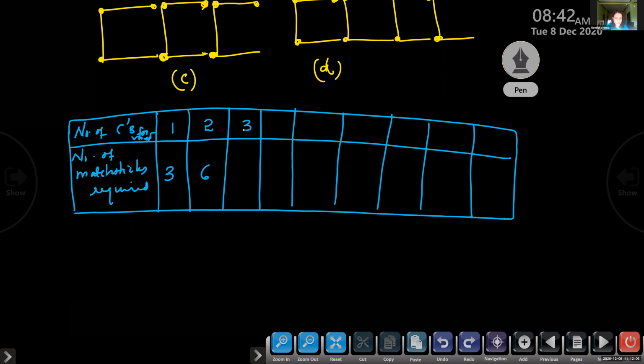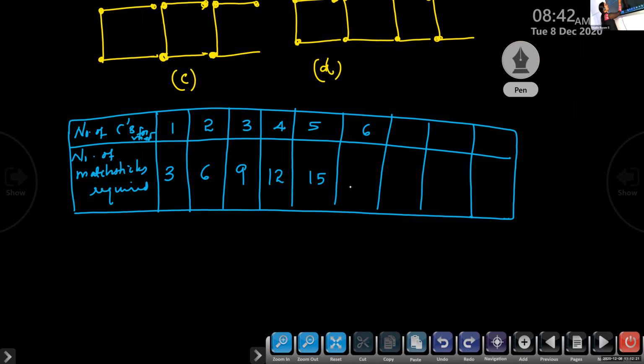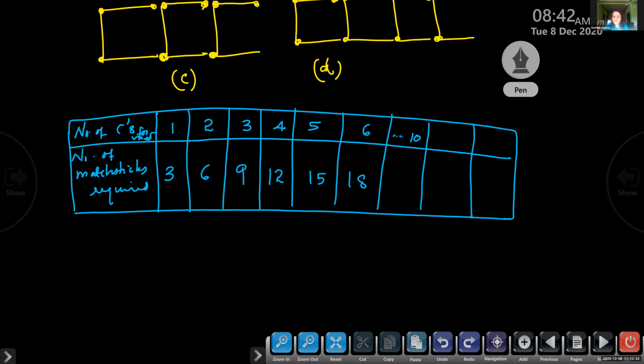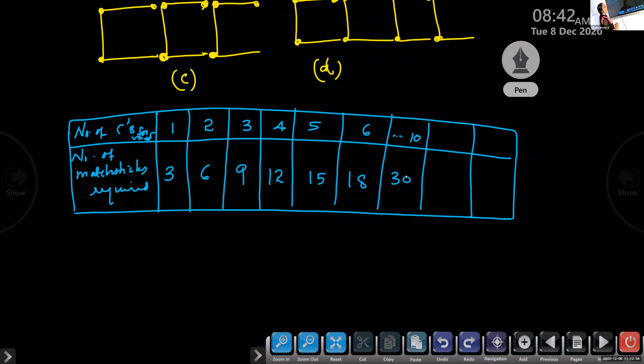Then 3 C's: 9. 4 C's: 12. 5 C's: 15. 6 C's: 18. Etc. If I give 10 C's, 30. So you understood how it happens.